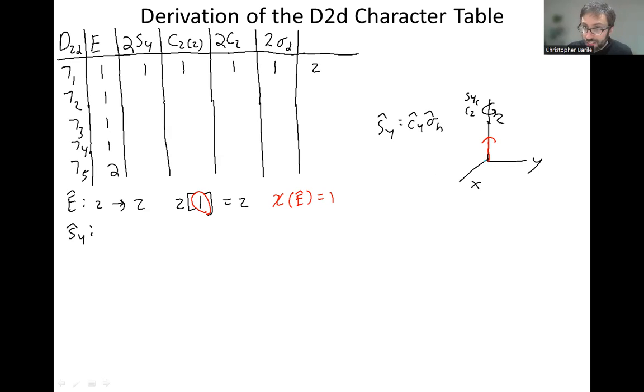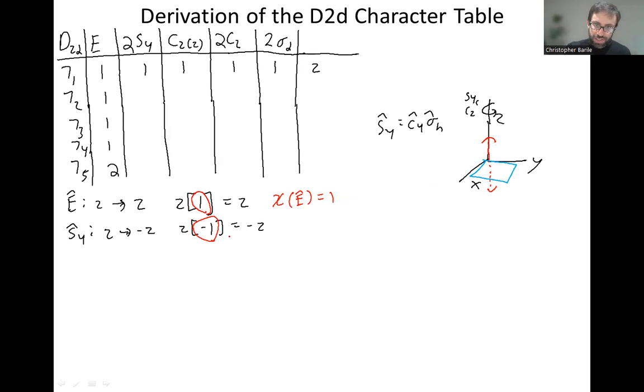Remember from earlier that sigma h stands for horizontal, so it looks like that. It's in the xy plane. So that C4 part of the S4 operation does nothing. It's 90 degrees, and the vector's still pointing up. But then, when we do the sigma h part, it's going to reflect down. The vector is looking at itself in the mirror plane, and so z is going to negative z, and so the matrix that describes this transformation is z times -1, which equals negative z.